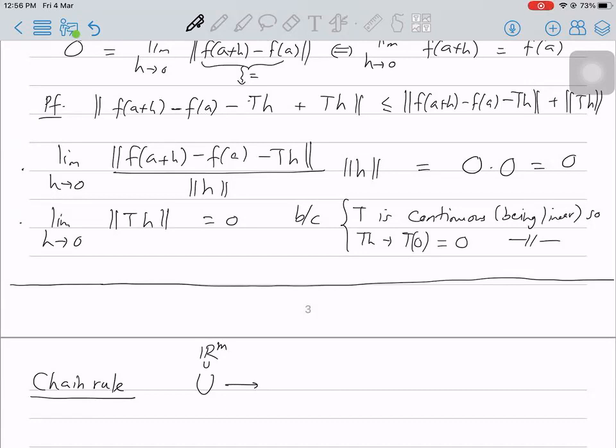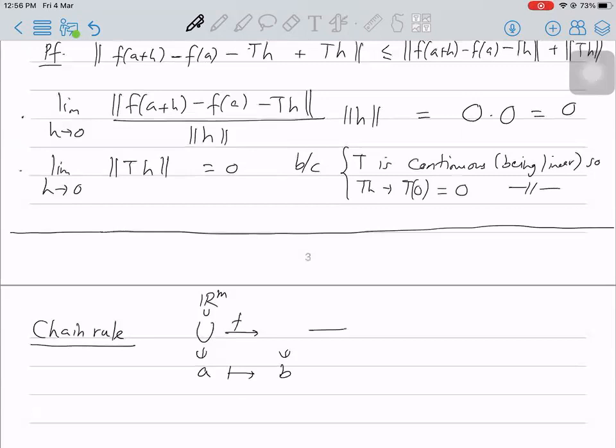The point A goes to F of A, which is B, and then I want to take a map G from there to R^k.